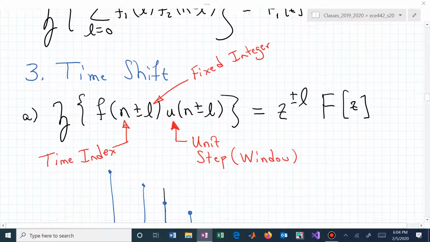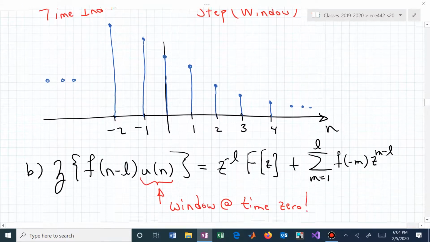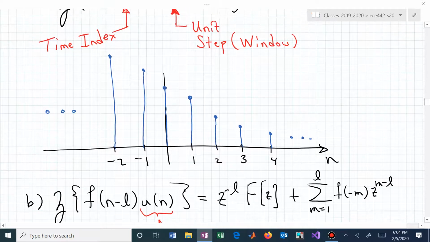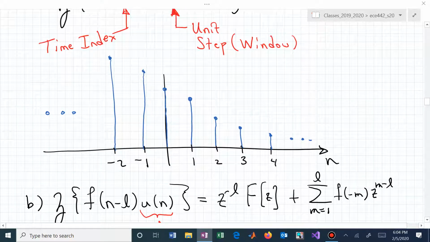It gets a little more interesting when we have a mismatch between the delay in our function and when we switch that function on. If we look at this, let's say the blue sequence is representing some f of n.